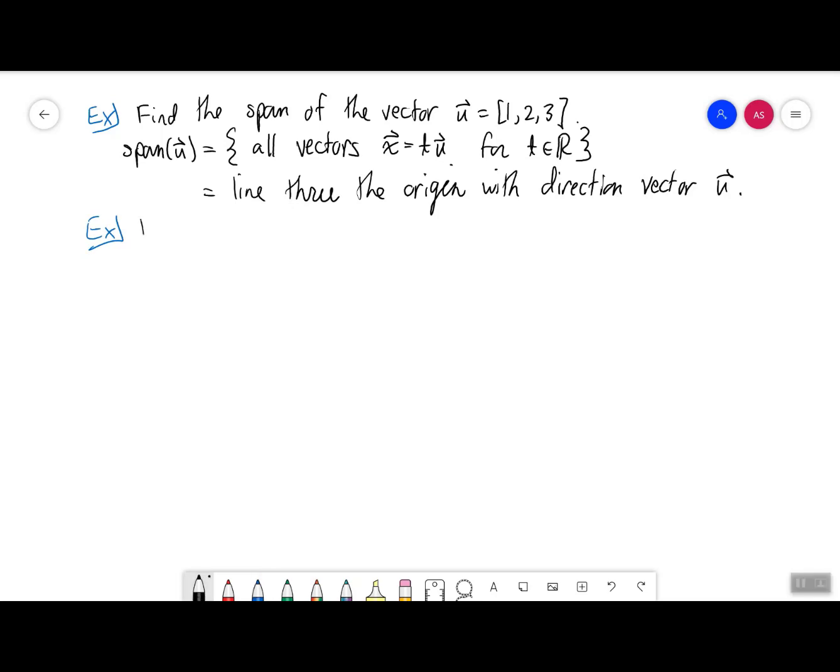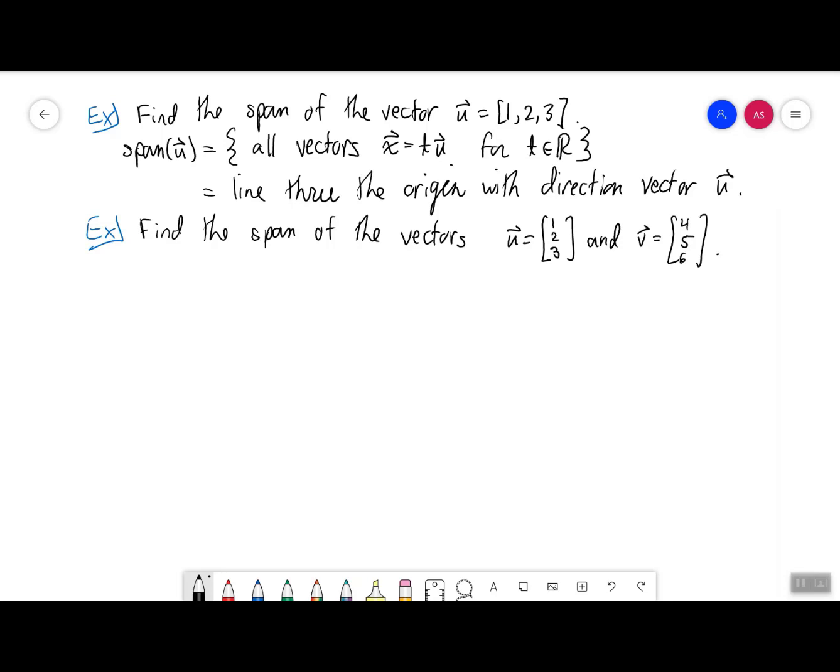Let's find the span of the vectors u equals (1, 2, 3) and v equals (4, 5, 6). I know I'm very creative with these numbers.